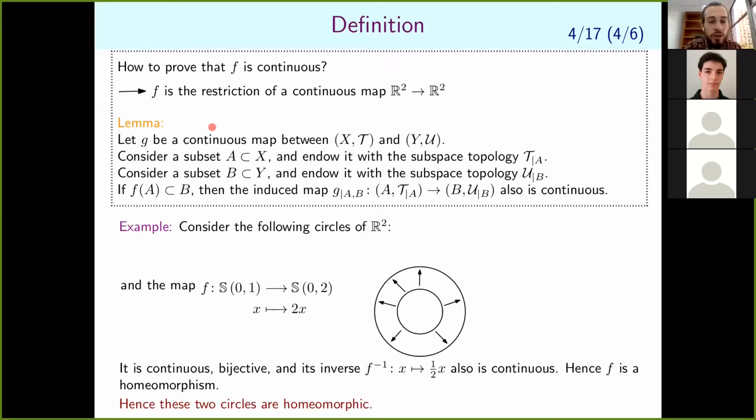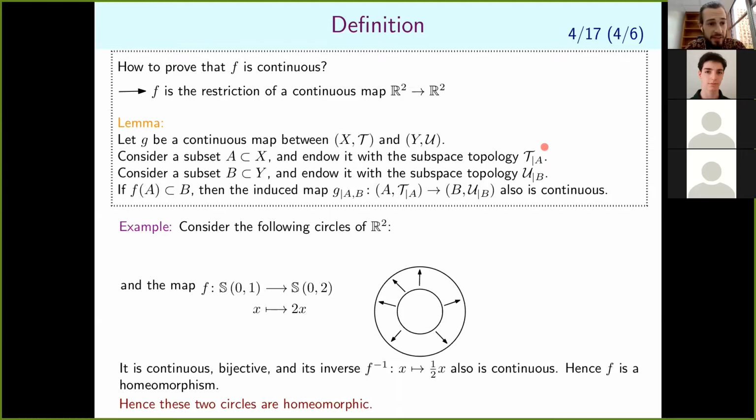So let me read you this lemma. Consider a map g between two topological spaces such that g is continuous. Then you pick a subset A of the first set and a subset B of the second one, and you endow these subsets with the subspace topology.